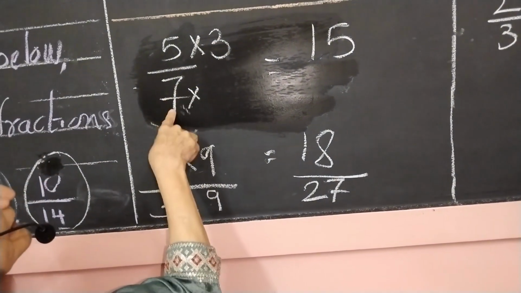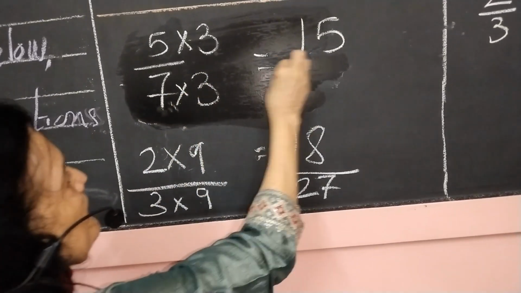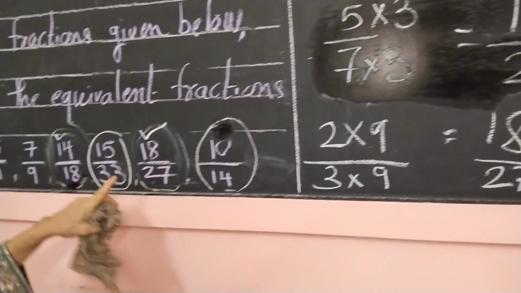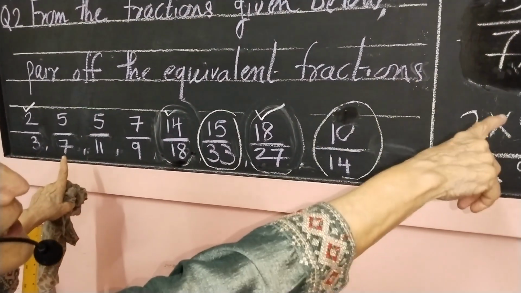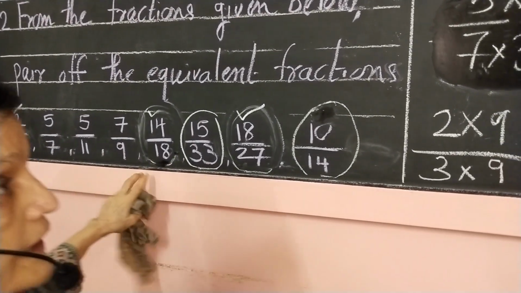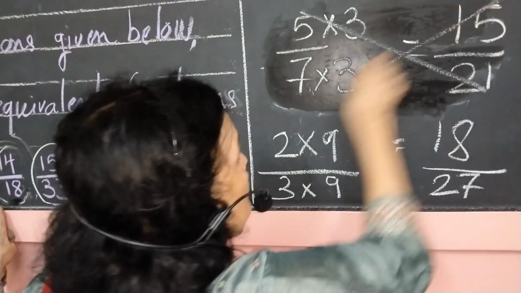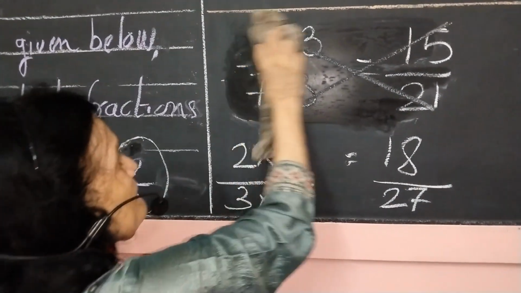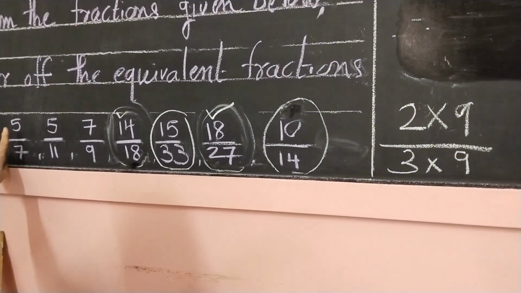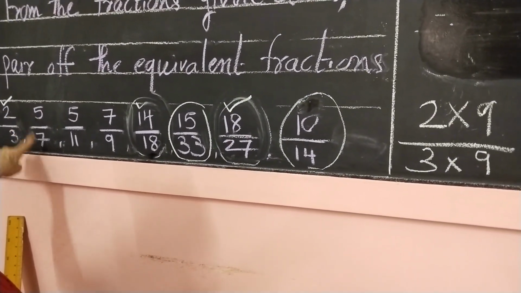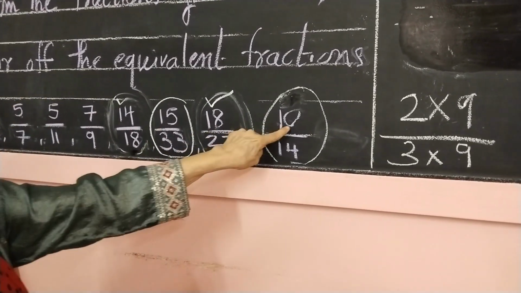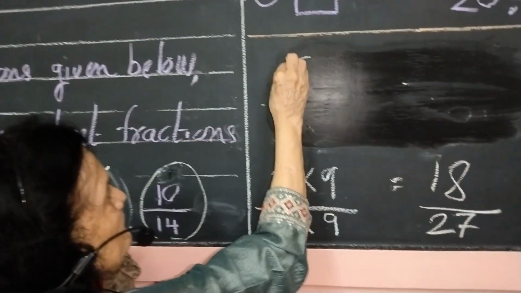So immediately multiply the denominator also by 3 and we get 15 upon 21. Check whether this particular 15 upon 21 is in the given series. No, it is not given. So this is not our answer. Now what is the remaining one? The remaining one says that for arriving from 5 upon 7 to 10, 5 into 2 is 10.